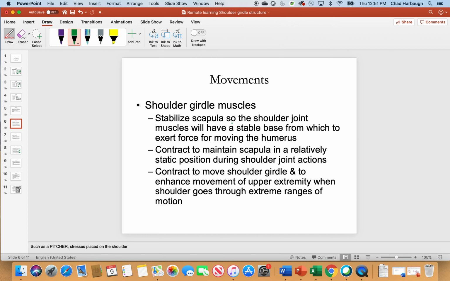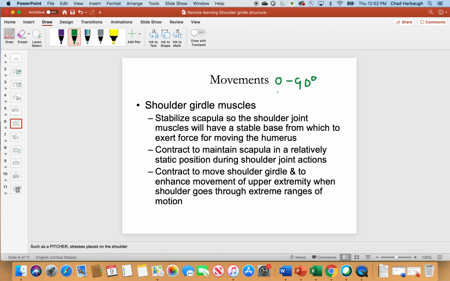So the shoulder joint and the shoulder girdle work as one. When we're looking at the shoulder girdle muscles, first when we're talking about the shoulder joint, we're looking at anywhere from 0 to 90 degrees. As we mentioned earlier with rotator cuff musculature, their job from 0 to 90 degrees is to properly align the shoulder joint and the glenoid fossa.